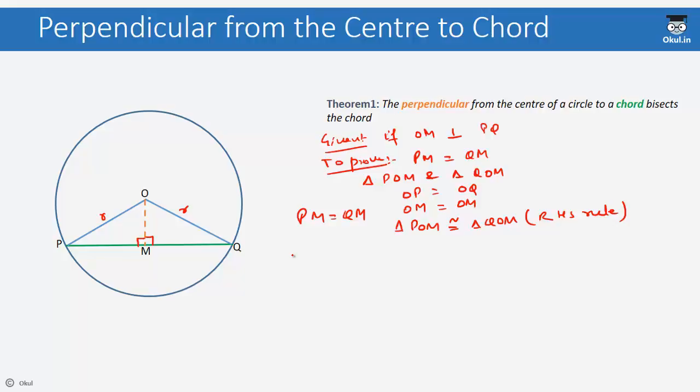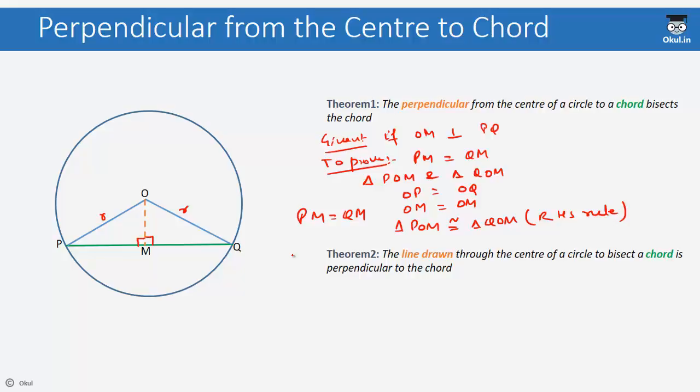So we can conclude that the perpendicular drawn from the center of a circle to a chord bisects the chord. Now let us do theorem 2, which is the reverse of theorem 1. Theorem 2 states that the line drawn through the center of a circle to bisect a chord is perpendicular to the chord.